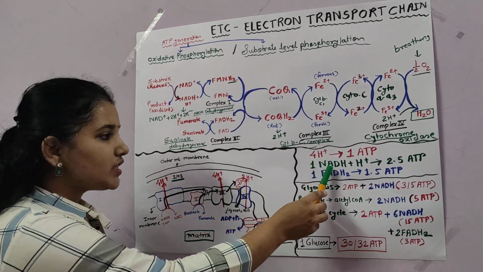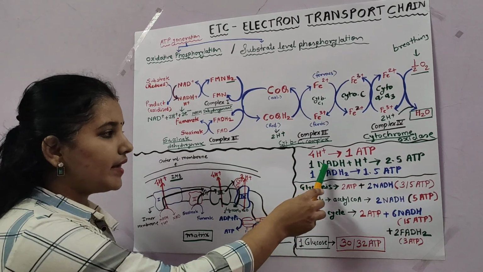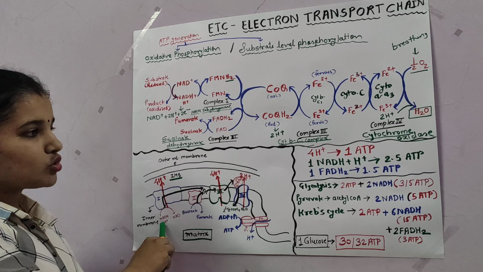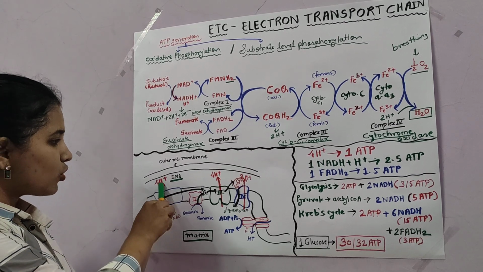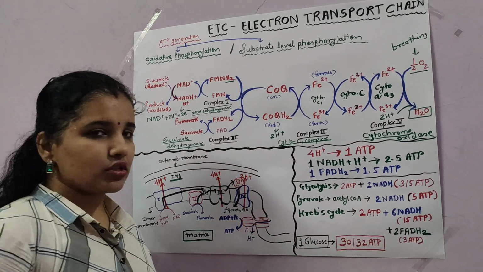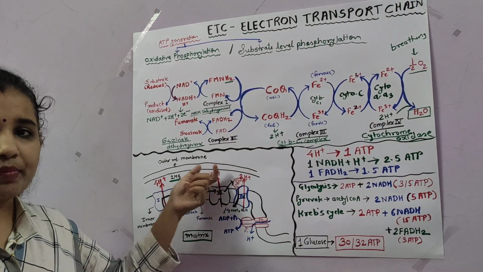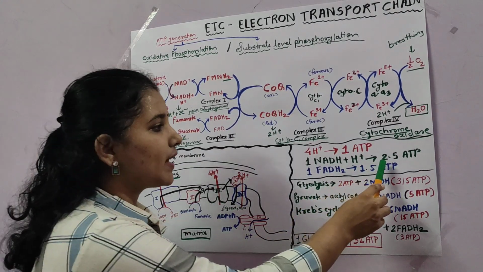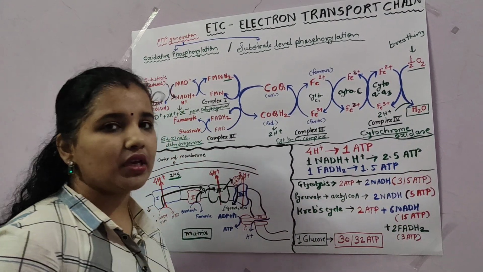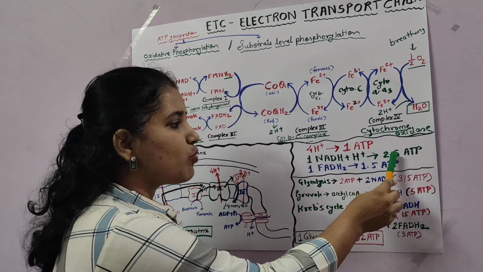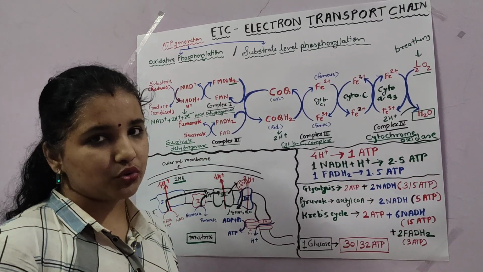So, NADH, as I told you before, enters the ETC by complex 1. So it will pump 4 plus 4 plus 2, total 10 protons into the intermembrane space. If we divide 10 by 4, we get 2.5 ATP. This means 1 molecule of NADH gives us 2.5 ATP molecules.